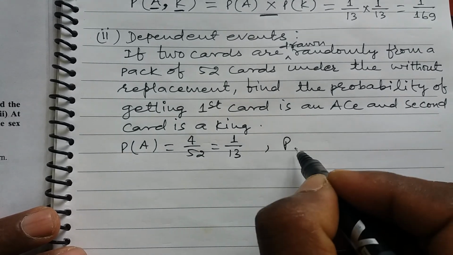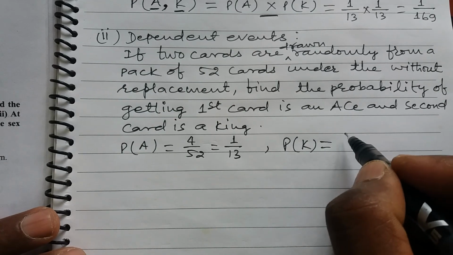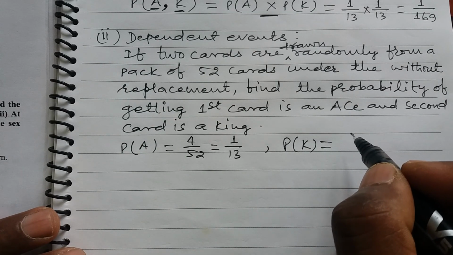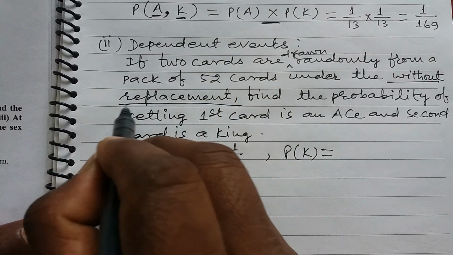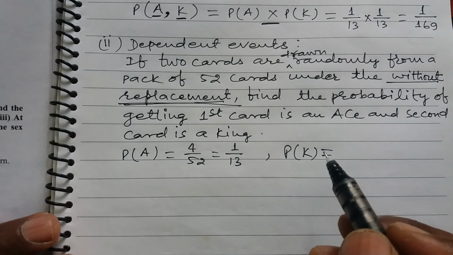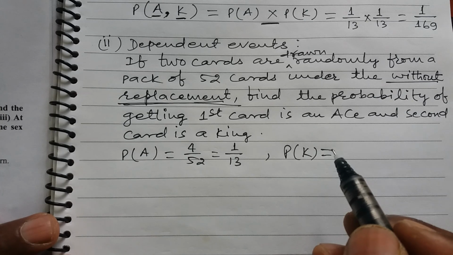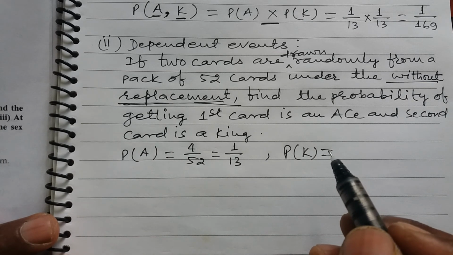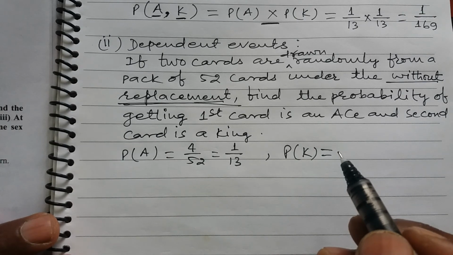Here it is written under the without replacement. Without replacement means first card is taken out and not kept again in the pack before picking up the second card. So there is altogether 51 cards only.